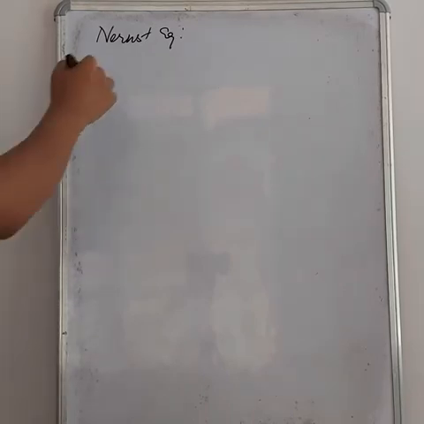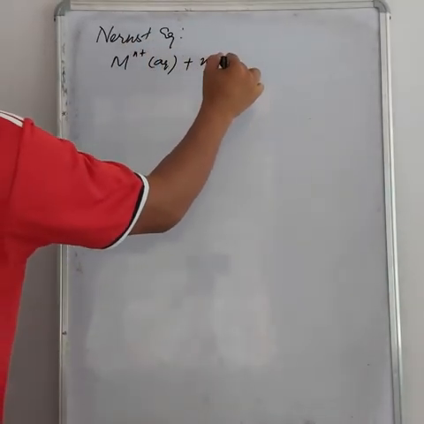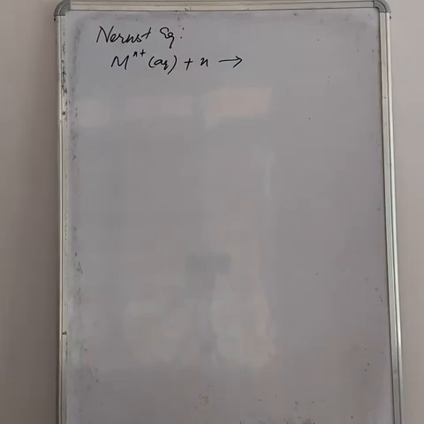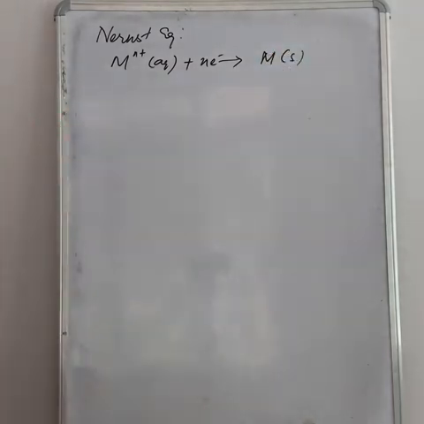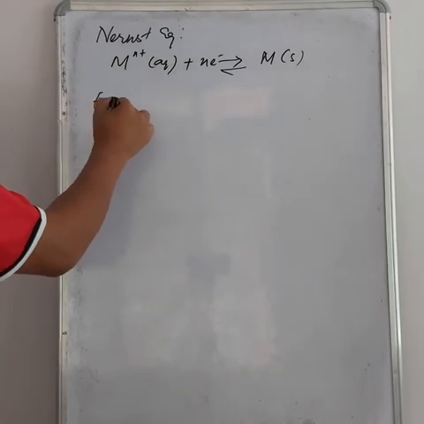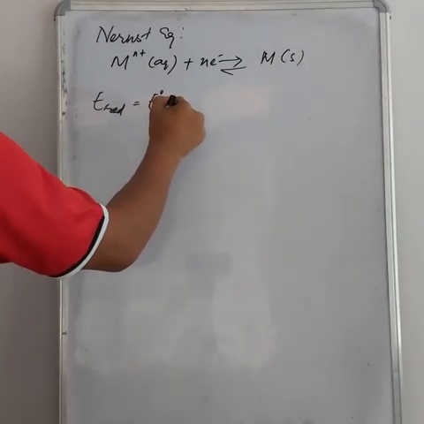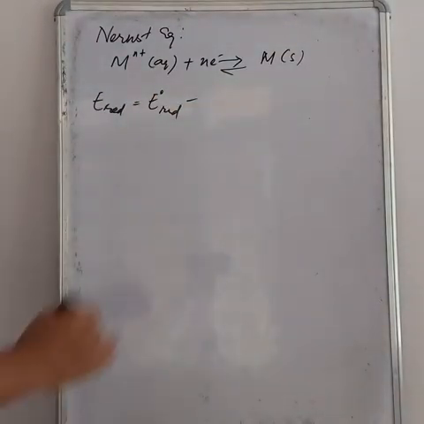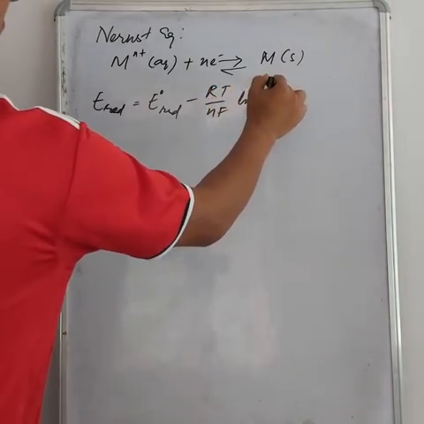So for any metal ion M^n+ plus n electrons giving solid metal M, and this is a reversible process. So for this reaction, the Nernst equation: E reduction is equal to the standard reduction potential minus RT over nF natural log of 1 over the concentration of M^n+.